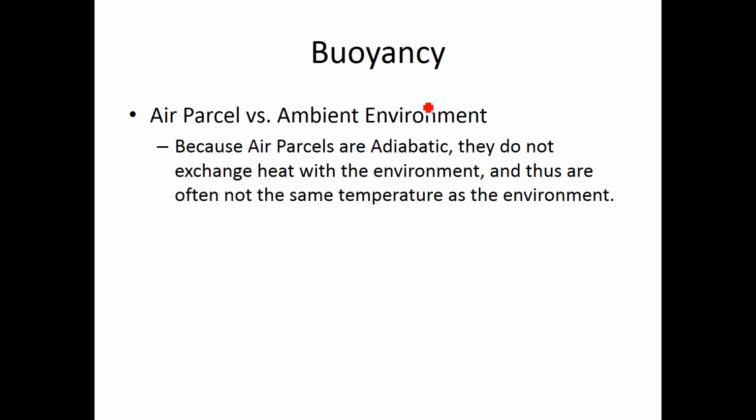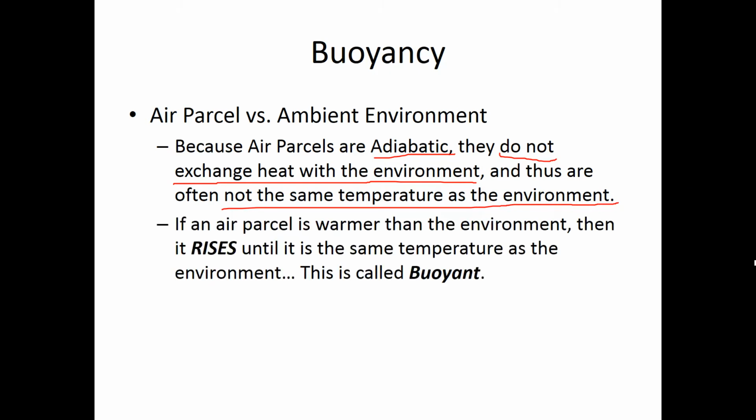Since air parcels are adiabatic, they don't exchange heat with the environment. Therefore, they are almost never the same temperature as the environment. They're usually either warmer or colder than the environment. And this determines whether the parcel is able to rise or sink.